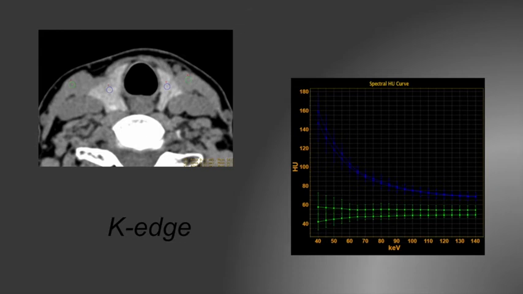The last physical principle that is important to understand DECT applications is the concept of K-edge. At an incident photon energy just above the K-edge, there is an abrupt increase in photoelectric interactions and consequently attenuation. This is followed by progressive reduction in attenuation with increasing energy above the K-edge.